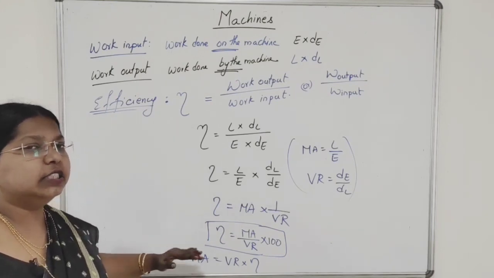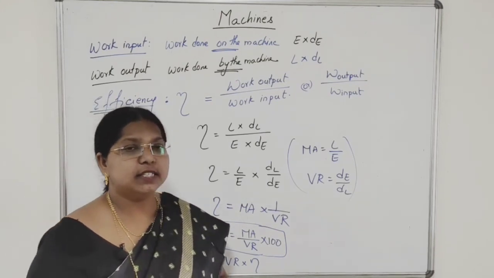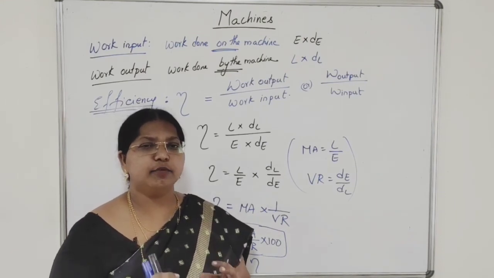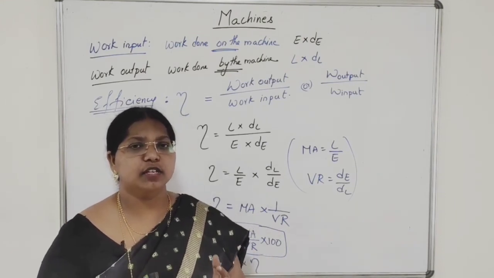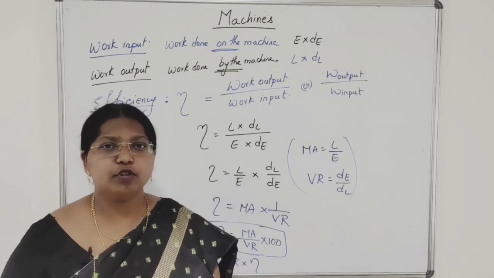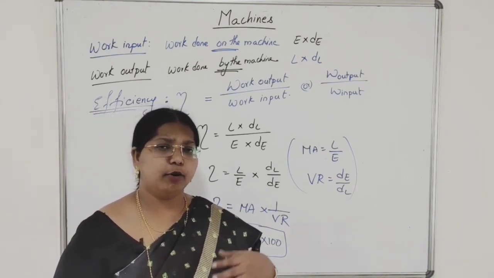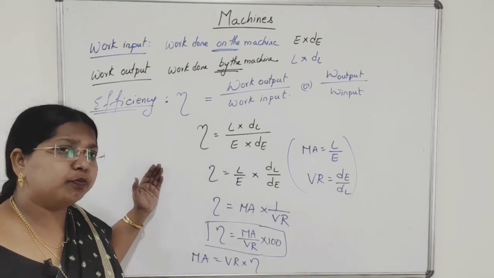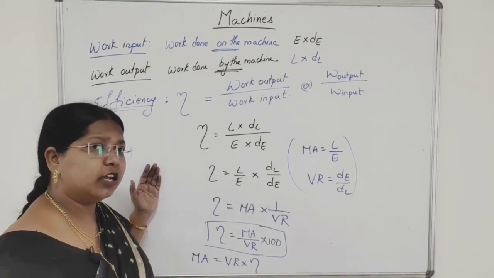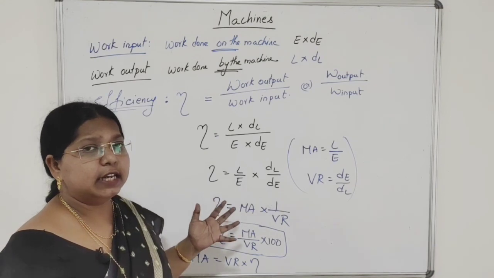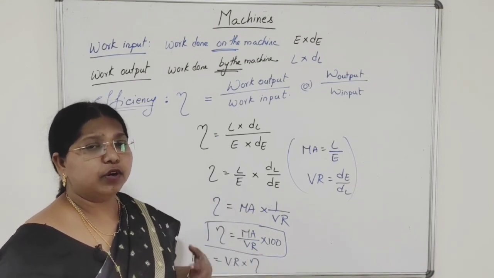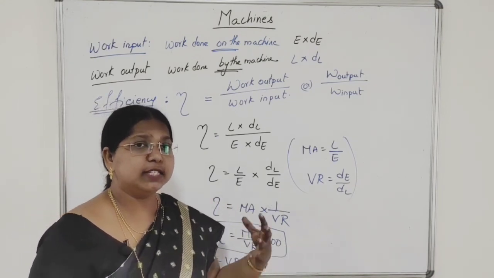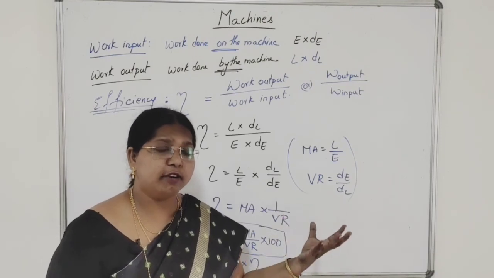Clear? So this is about machines and the information, functions, definitions, and how they act: force multiplier, speed multiplier, or change in direction. So we saw what input is, what output is, what load is, what effort is, what an ideal machine is, what an actual machine is, what the principle of a machine is, what a perfect machine is, and why it is not 100%.